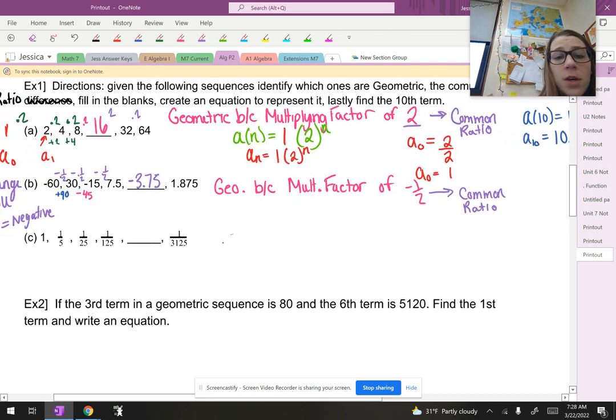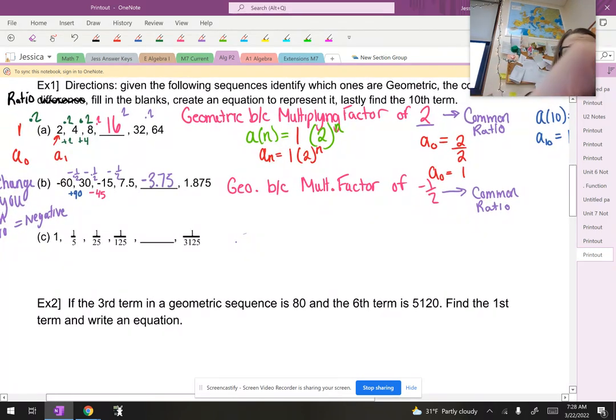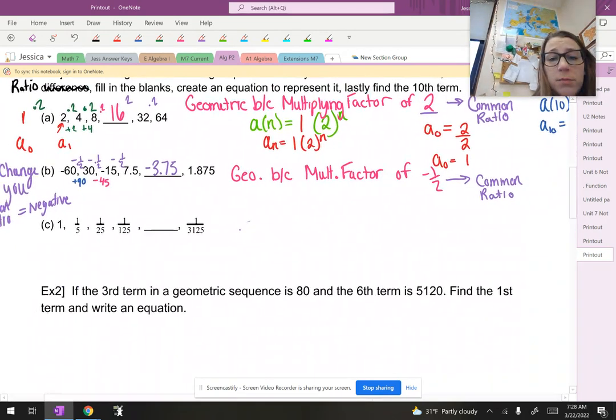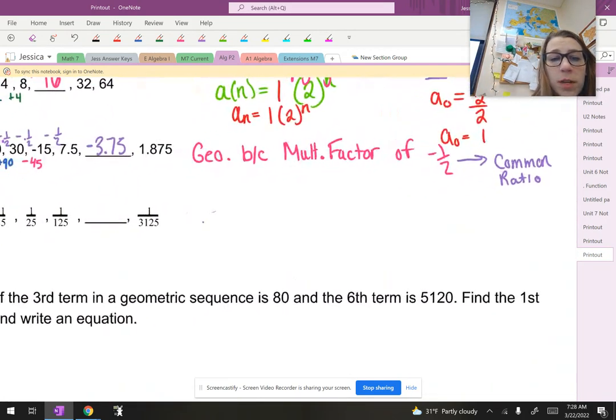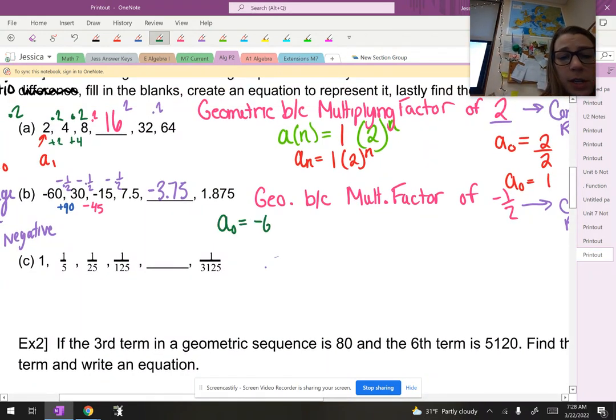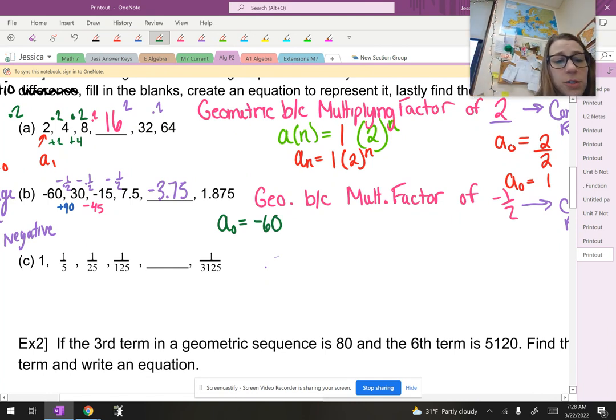Okay, so then coming up with our equation, we've got to find that a sub 0. A sub 0 is going to be equal to negative 60, the previous term.